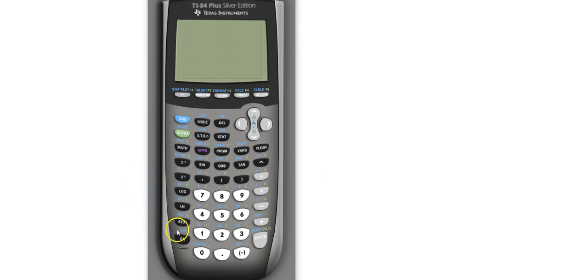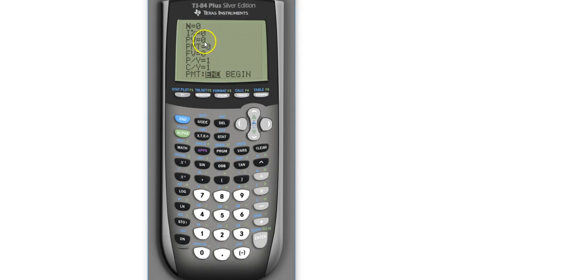I'll show it to you here. We go to the apps, go to finance, and there you can see TVM solver, that is the time value of money solver. And let us plug in the values.